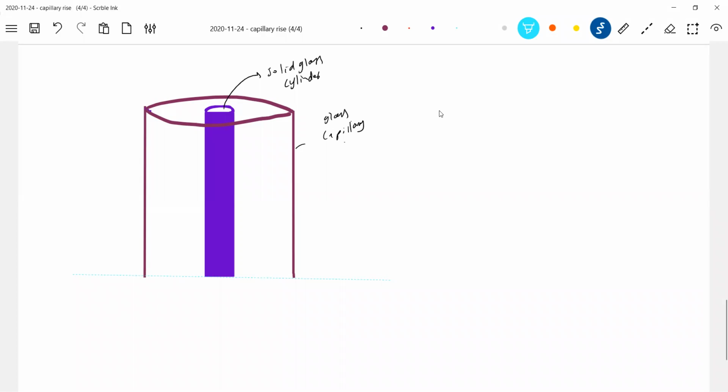Now I'm asking you, what about the height to which the liquid will rise? I think the water will wet both the inner surface of the capillary tube and the outer surface of the glass cylinder. So what is the height to which it will rise? Different shaped conditions will come now.